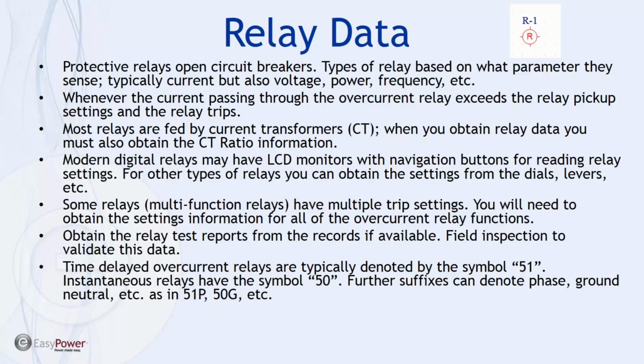Then make sure you're correlating those settings to which type of protection we're looking for. Typically a 51 or 50 refer to instantaneous overcurrent, and the specific configuration or type of protection needs to be recorded along with the set points.